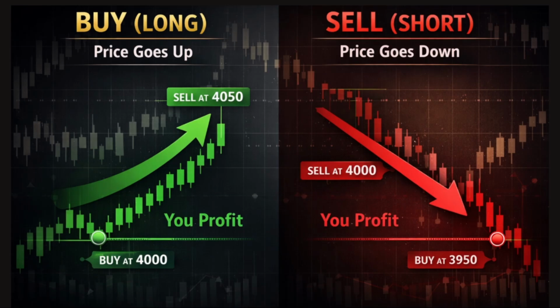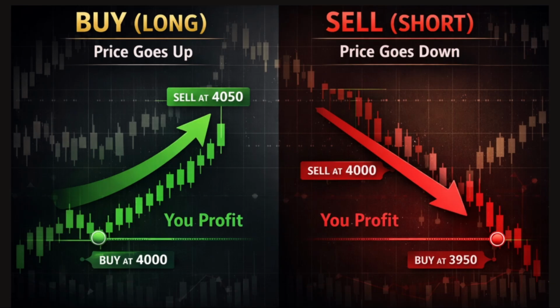Now let's look at the right side of the image, which shows a sell trade, also called going short. In this example, the trader sells the market at 4,000 because they believe the price is going to fall. Now, as the market moves downward, the price eventually reaches 3,950. And at that point, the trader closes the trade by buying back the contract. So since the trader sold at 4,000 and the price dropped to 3,950, they profit from that downward movement.